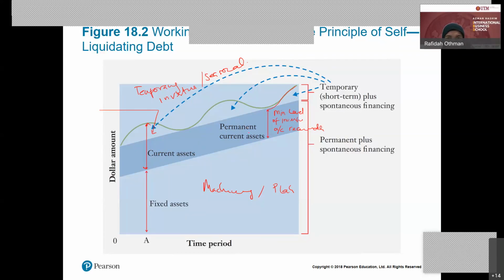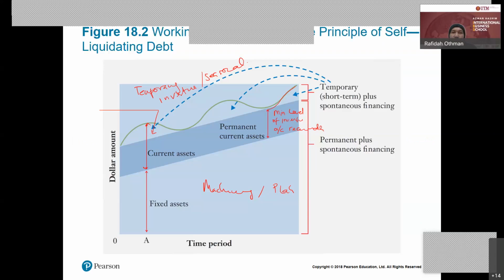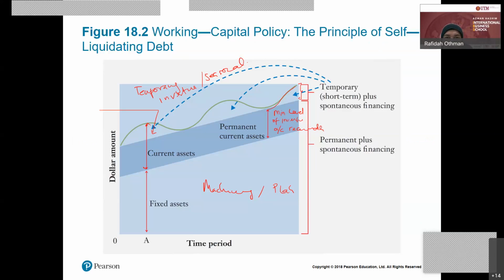One is permanent current asset, and another one is a temporary investment in asset. So this is seasonal. So meaning that at this part, you need to finance this with temporary and spontaneous financing.